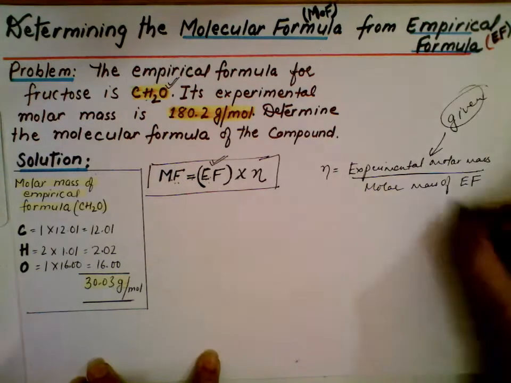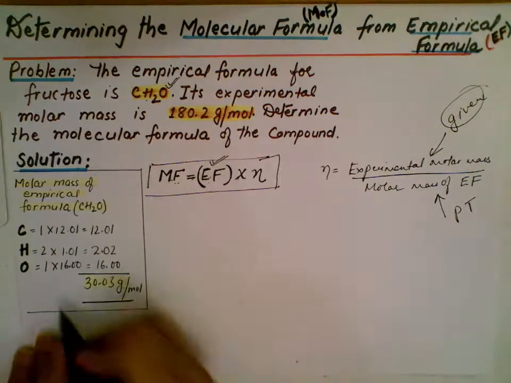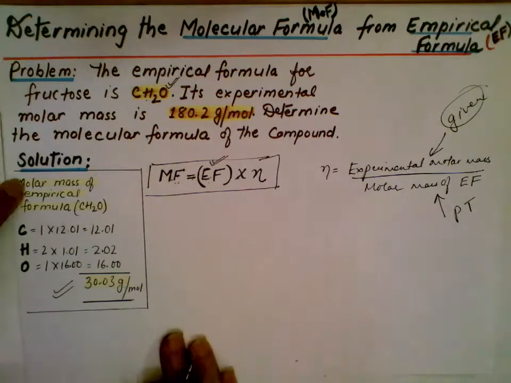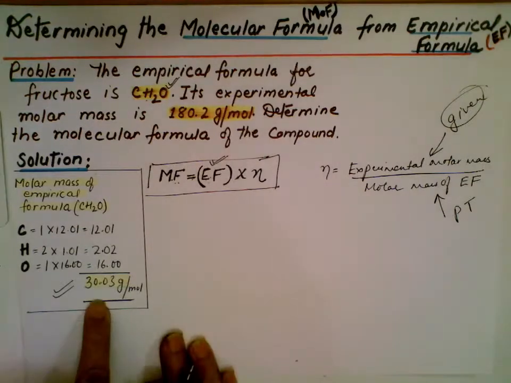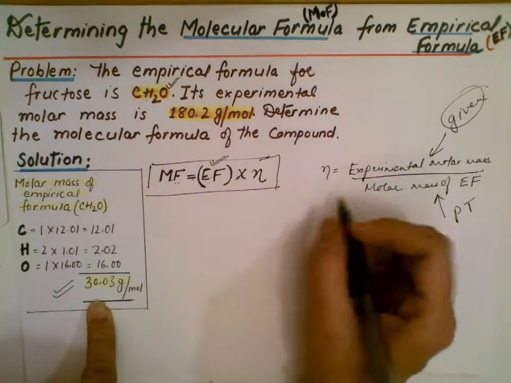To find the molar mass of the empirical formula, you use a periodic table, and I have already done that here. You already know how to figure out the molar mass. Let's now solve for n.